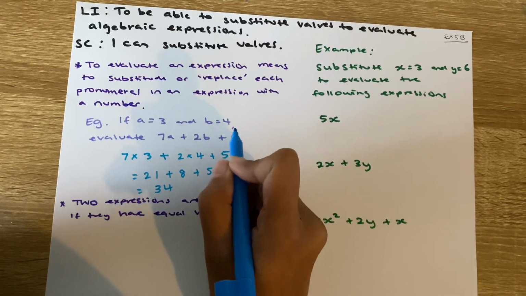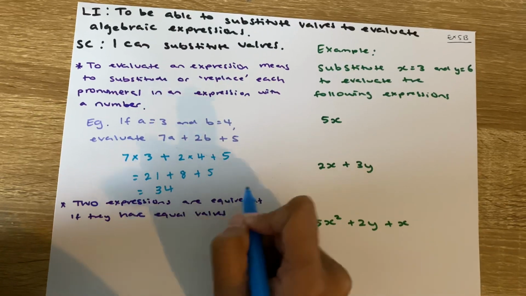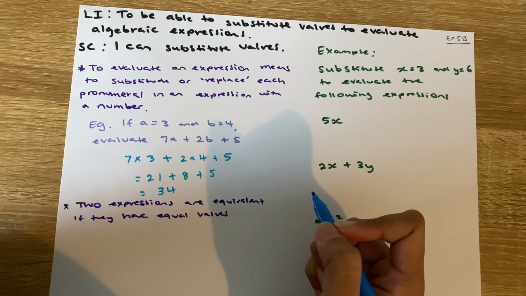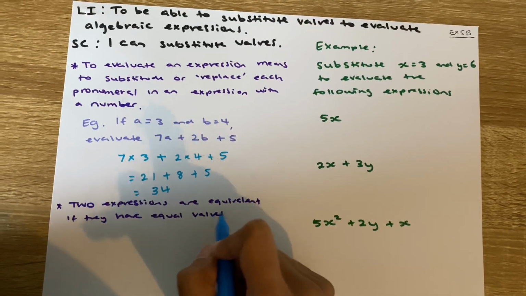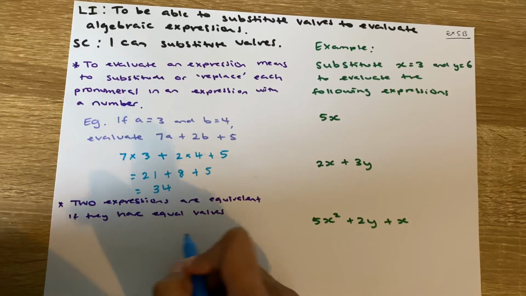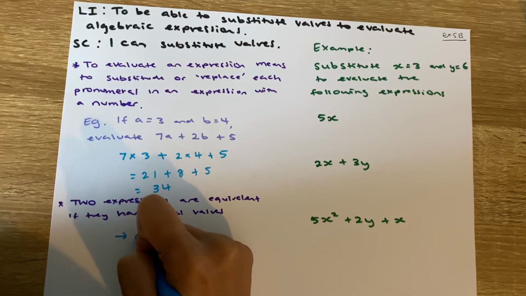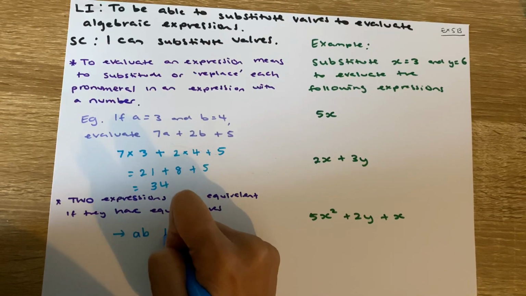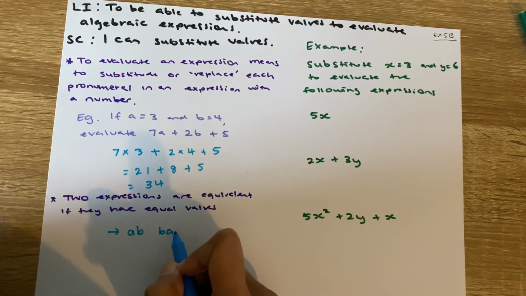What I can do is give you one expression and another expression and ask you whether they are equivalent or not. That word equivalent means they are equal. In remembering this, if I say to you AB and I say to you BA, remember there's a multiplication sign in between those.